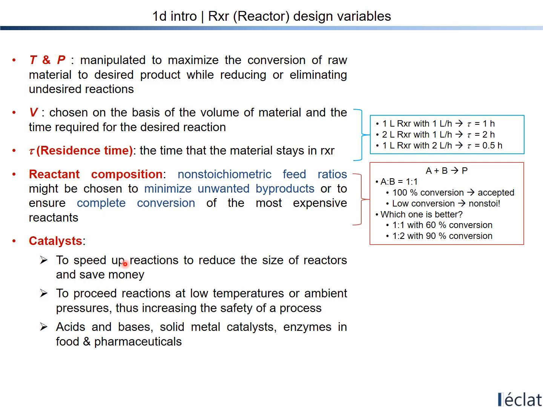Catalysts are sometimes used to proceed reactions at low temperatures or ambient pressures, thus increasing the safety of a process. Catalysts could be sometimes oxide based, sometimes solid metal catalysts like platinum catalysts, or sometimes enzymes in food and pharmaceuticals.